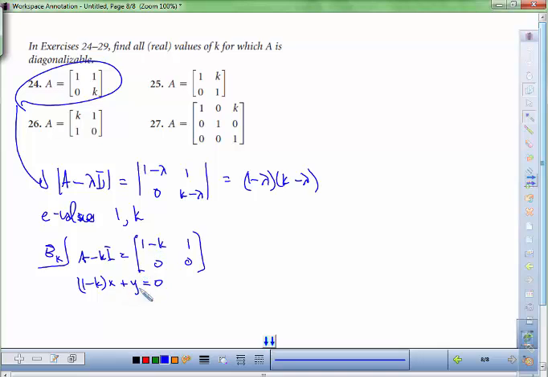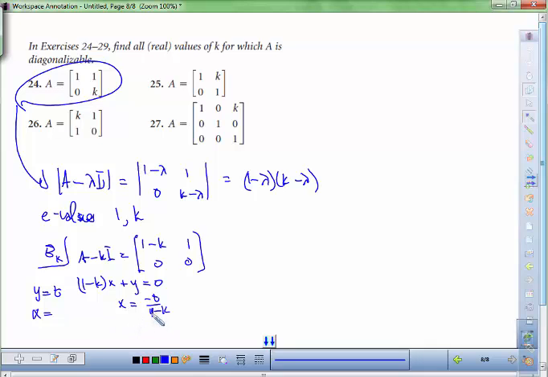If we set the free variable y equal to t, x is going to equal minus t over 1 minus k.